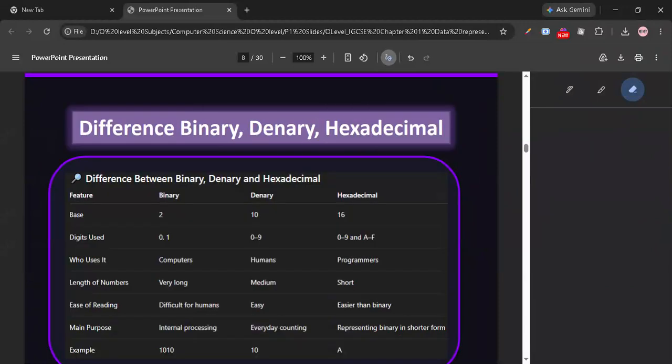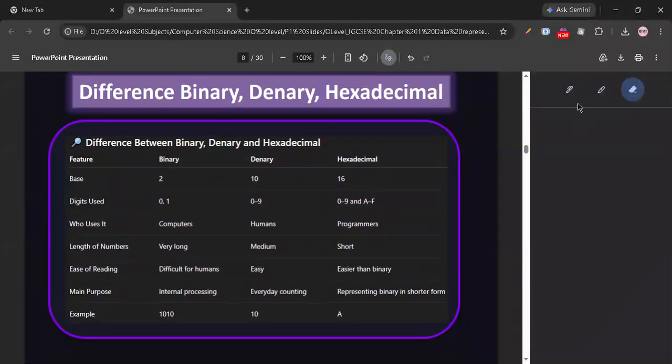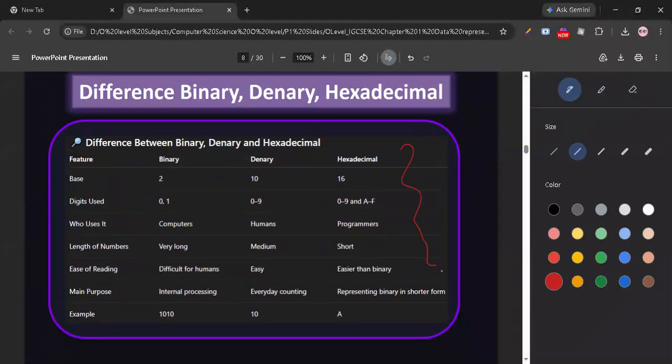All right. So these are the binary, denary, and hexadecimal. I just copied it from ChatGPT so that it's easier for us to understand. Even though it's not that much needed, just read it. I would recommend not to memorize much, just read it, because in CAIE question papers, you will have to write two or three points for it, like what is its base.